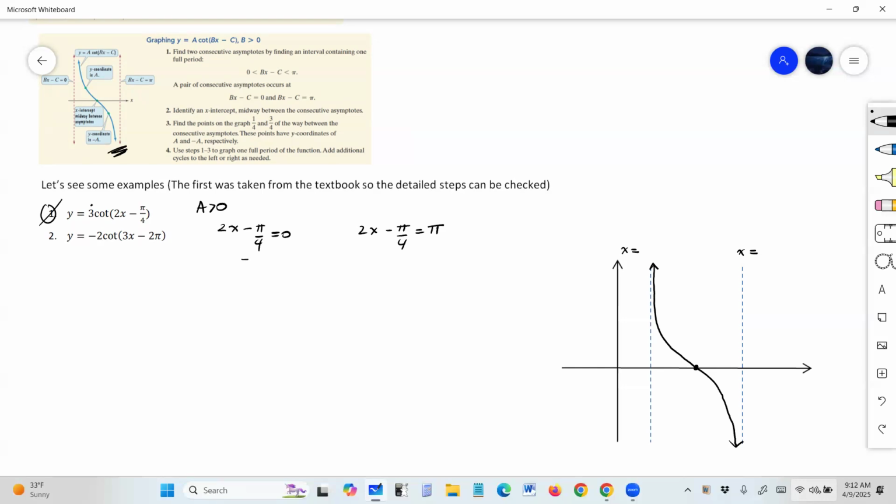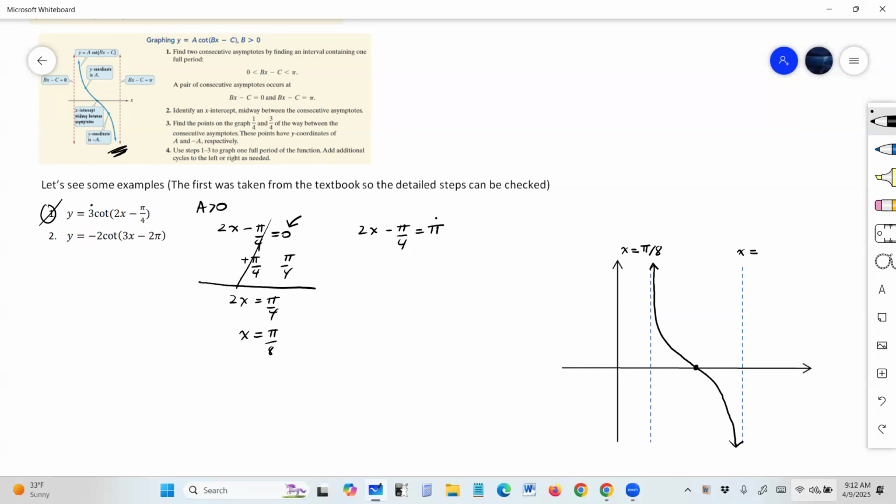In the left equation, I just add pi over 4 on both sides. They cancel here. I get 2x equals pi over 4. And then I divide both sides by 2. And I get x equals pi over 8. This is the left asymptote because 0 is smaller than pi. So the equation of the left asymptote is x equals pi over 8.